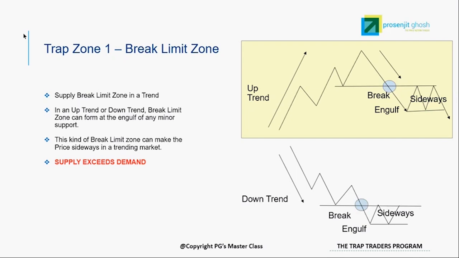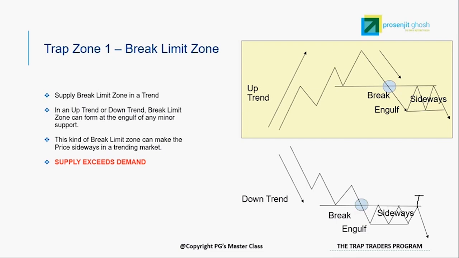And thereafter price may go sideways and drop. Or here one more thing can also happen: after this sideways movement, if price breaks out and closes above, this can turn into an accumulation as well.